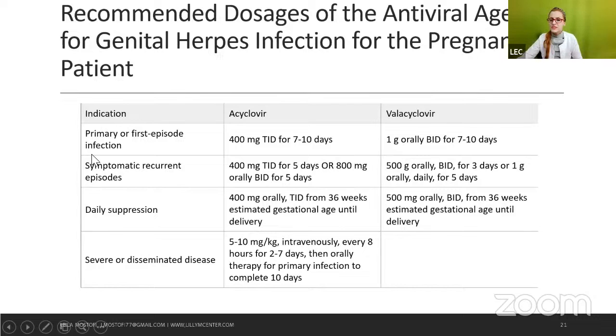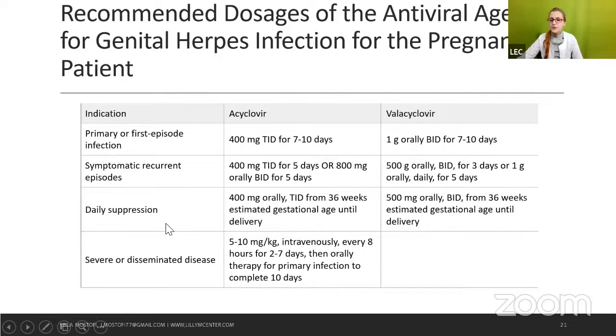In a symptomatic recurrent episode, acyclovir is 400 milligrams TID for 5 days or 800 milligrams orally BID for 5 days. And valacyclovir is 500 milligrams orally BID for 3 days or 1 gram orally daily for 5 days.